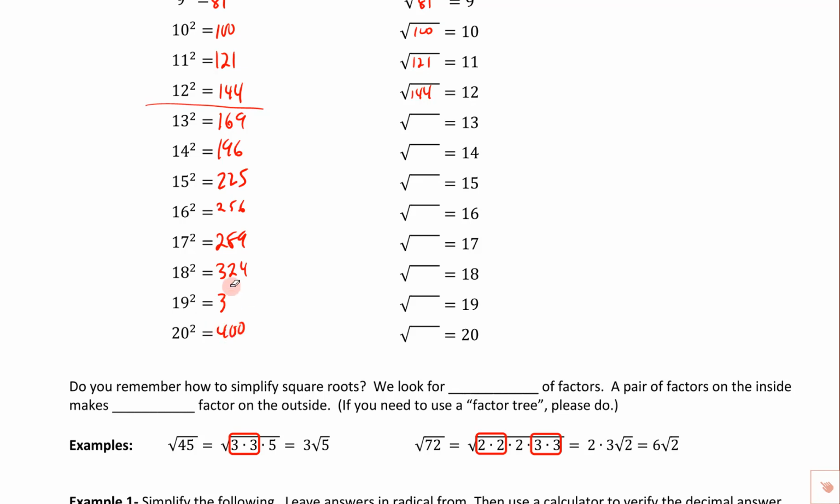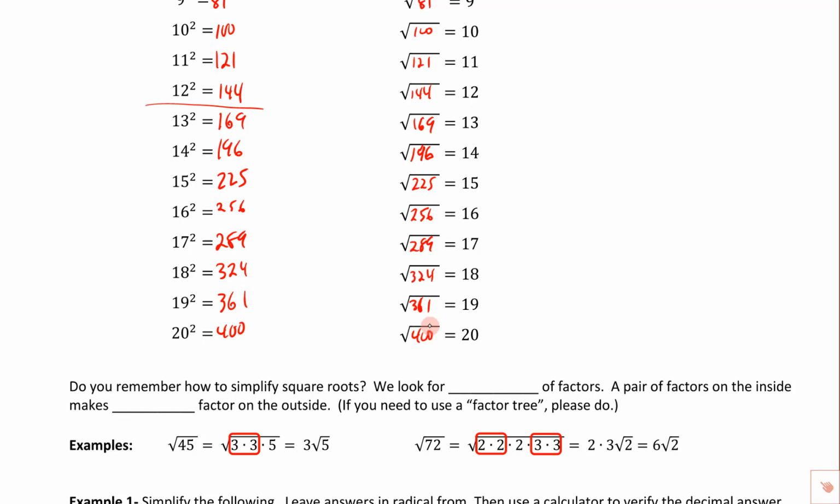And then we can go through and take each one of these and put them underneath the square root. So the square root of 169 is 13, square root of 196 is 14, square root of 225 is 15, 256, 289, 324, square root of 324 would be 18, 361, and then the last one, of course, is 400.